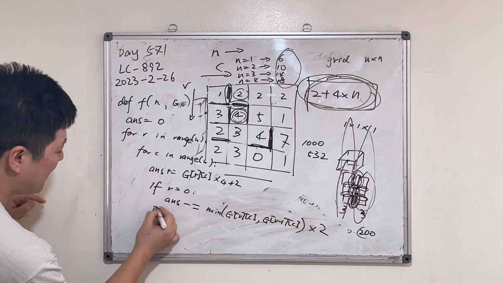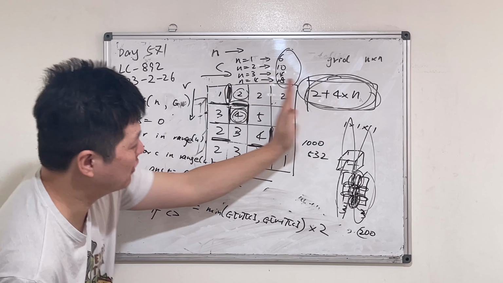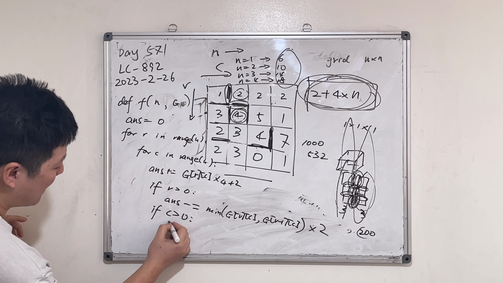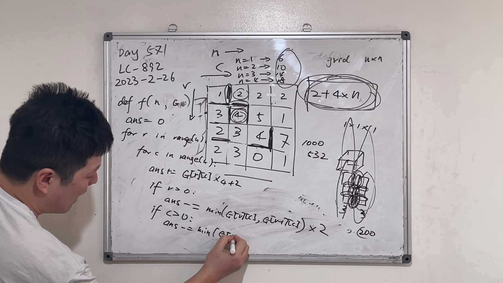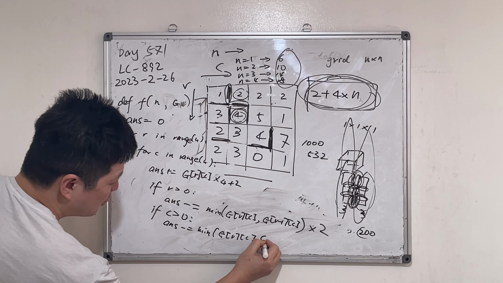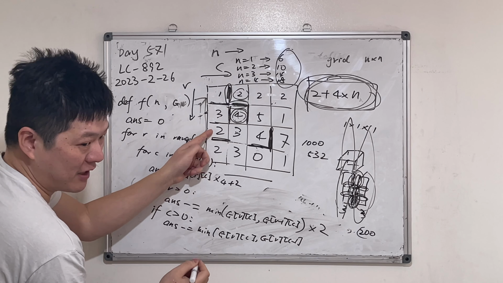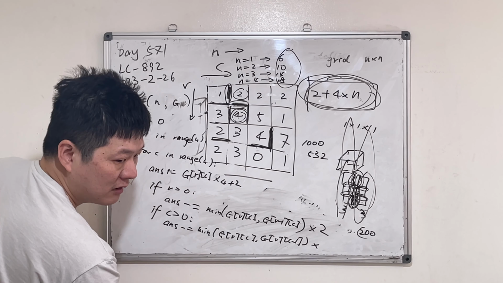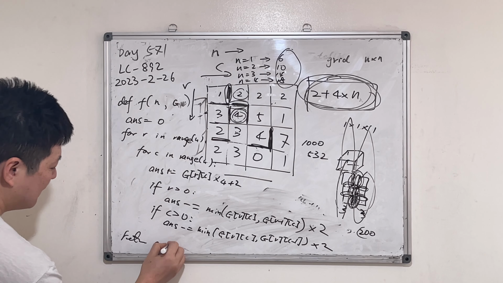And if it's the second column to the right, if C is bigger than 0, answer minus equals the minimum of G[R][C] and G[R][C-1], times 2. C minus 1 is the number on the left. And return answer.